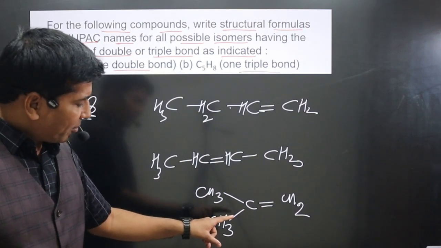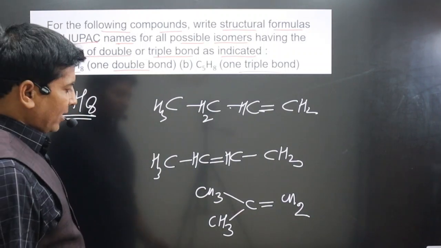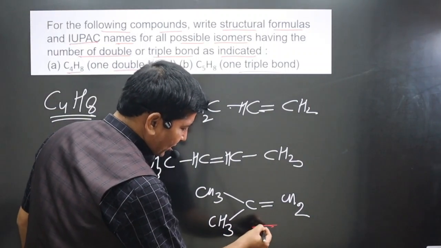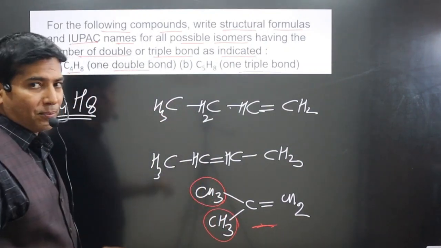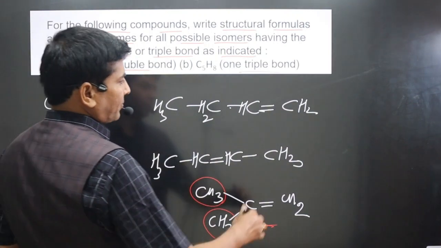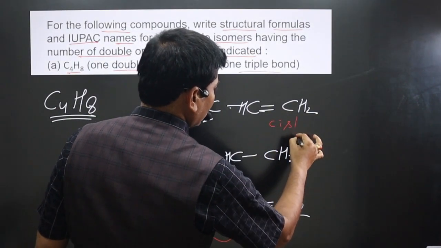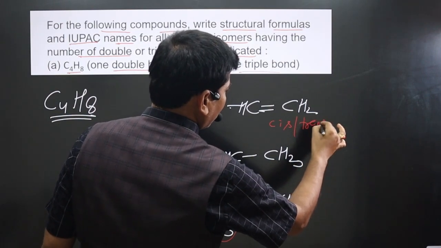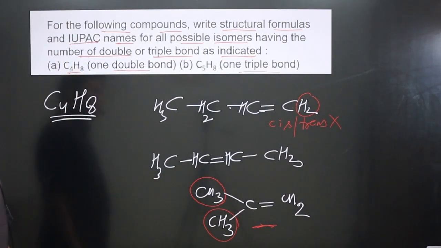Keep in mind if I think about cis and trans forms, this compound cannot show cis and trans because these two groups are the same. This compound can also not show cis and trans because these two hydrogens are attached to the same carbon.